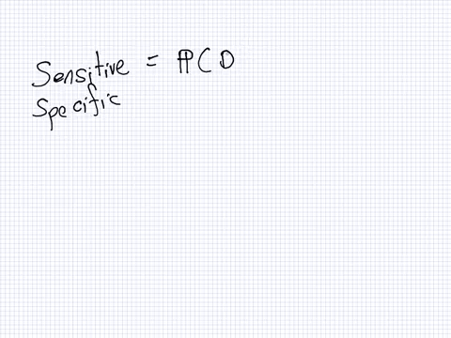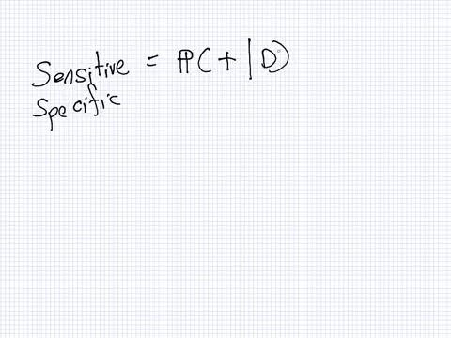Sensitivity is the probability that the test is positive. That means the test says you have the disease if you actually have the disease. The sensitivity is the probability that the test agrees you have the disease.